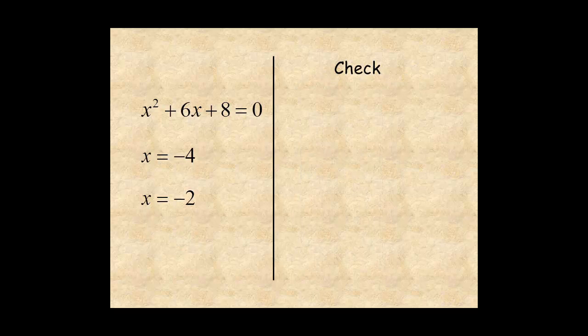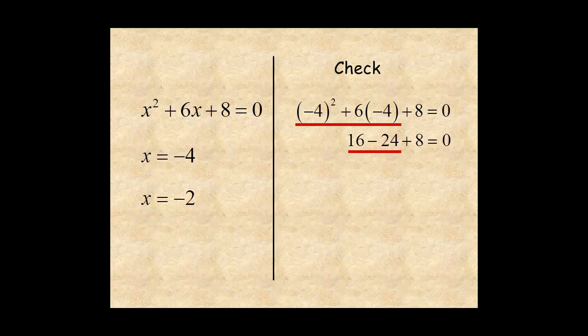To check the solutions, begin by substituting x equal negative 4 into the equation. Then negative 4 squared plus 6 times negative 4 equals 16 minus 24. And 16 plus 8 equals positive 24. And since 24 minus 24 equals 0, the first solution checks.